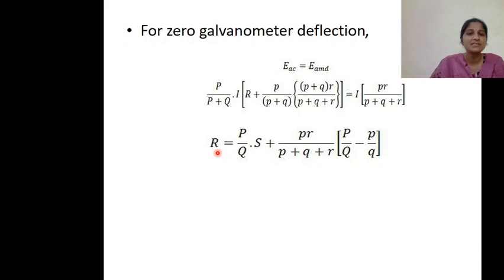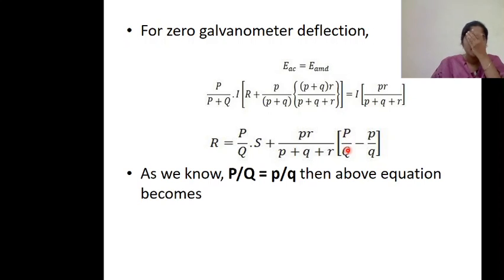So Wheatstone bridge equation is R is equal to P divided by Q into S. So there will not be any impact of the lead resistance when both the ratio arms are equal. So when this is equal, then R is equal to P by Q into S. So this is the equation for the Kelvin's double bridge.